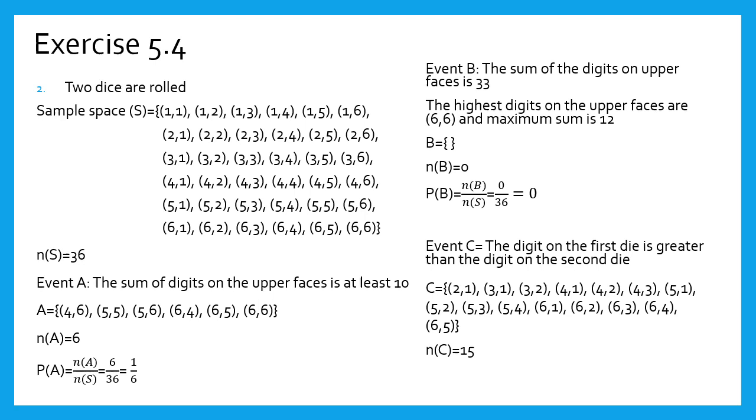We'll find the probability of event C. Write the formula. P(C) = n(C) / n(S). Put the values of n(C) and n(S). We get 15/36. Reduce it to lowest form. We get P(C) = 5/12.